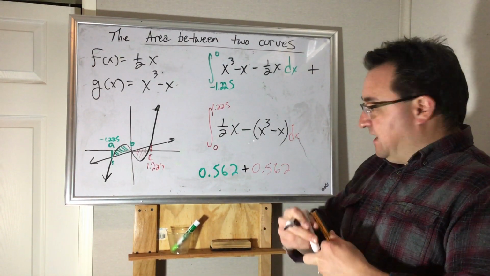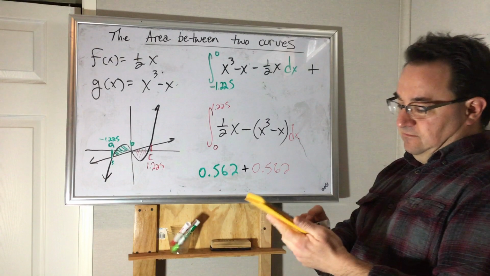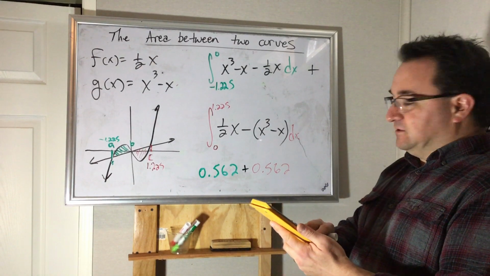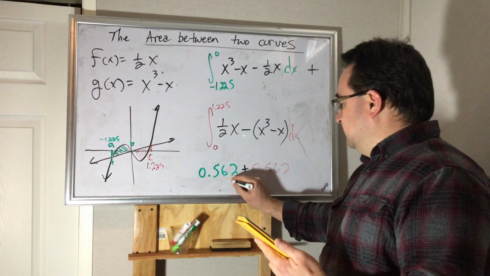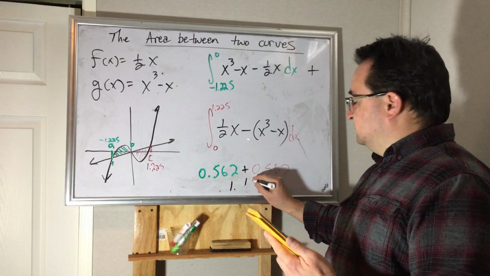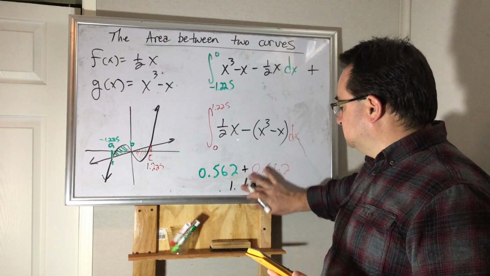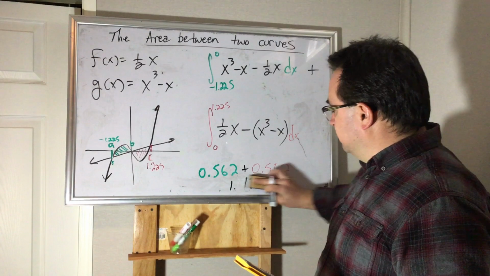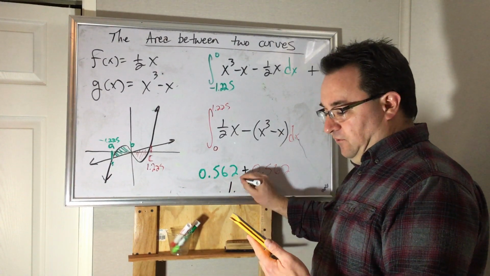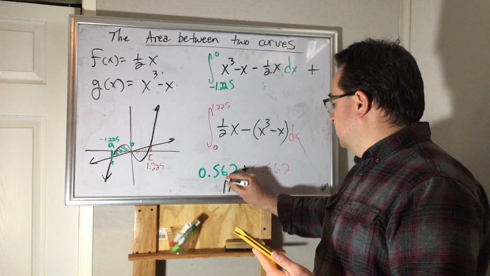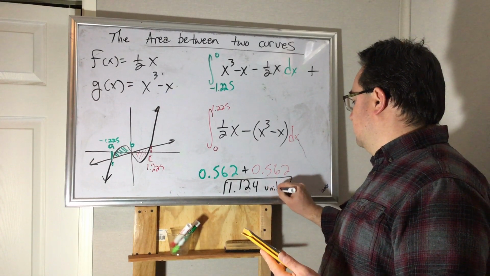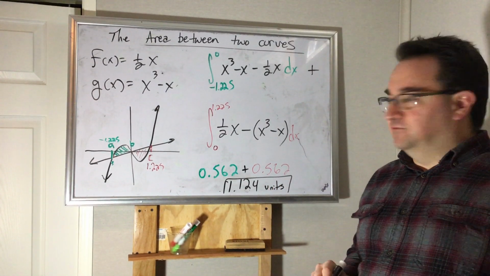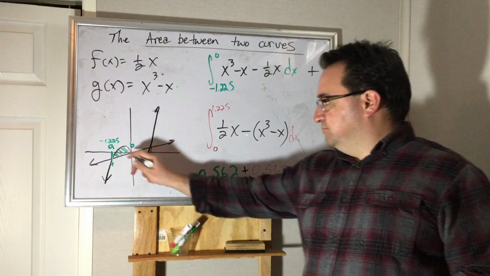We may have suspected that because of the symmetry of the situation, but you know, the next problem that won't be true necessarily, so I would do it section by section. And we get our grand total area of 1.124. So that would be both of those put together.